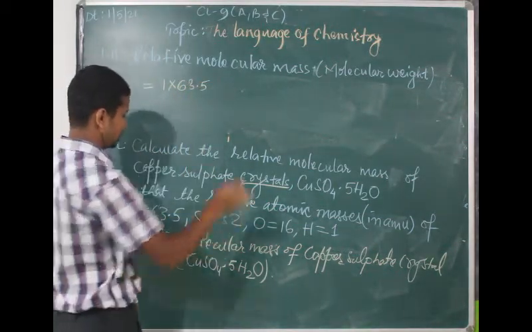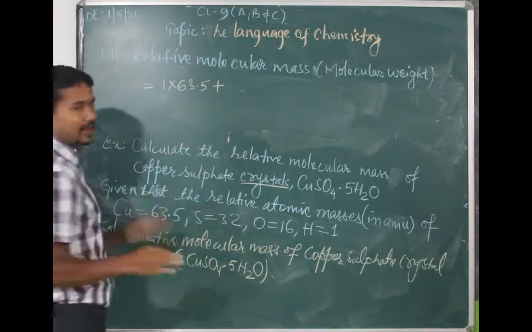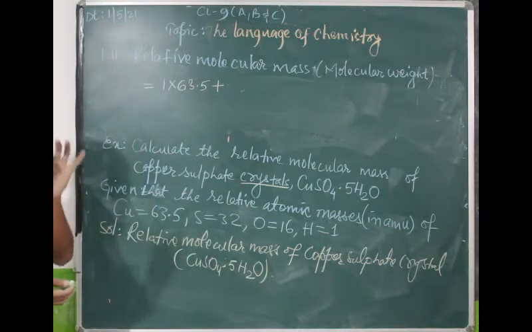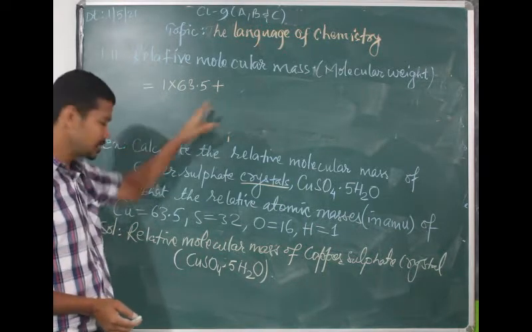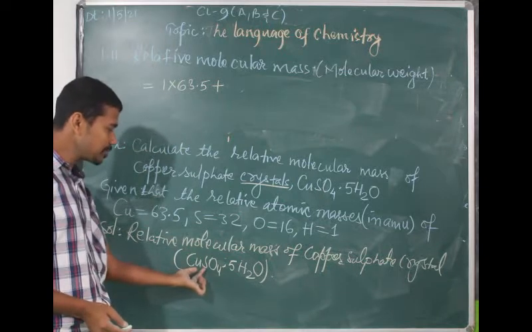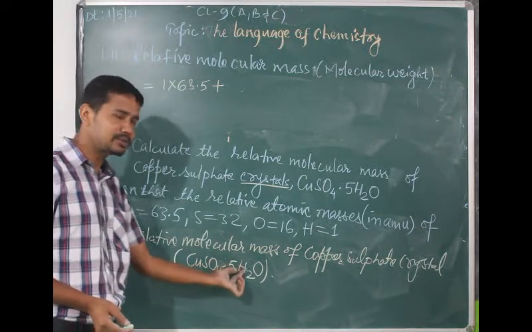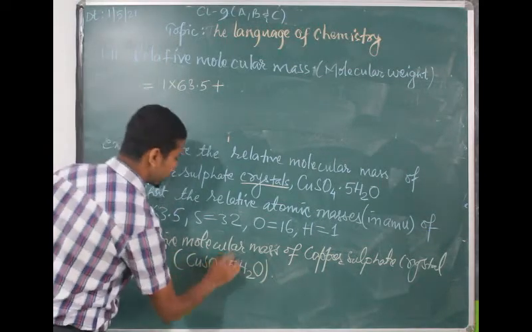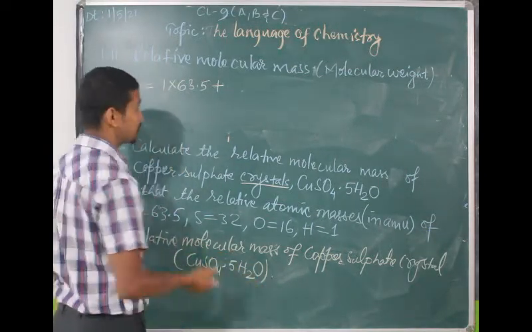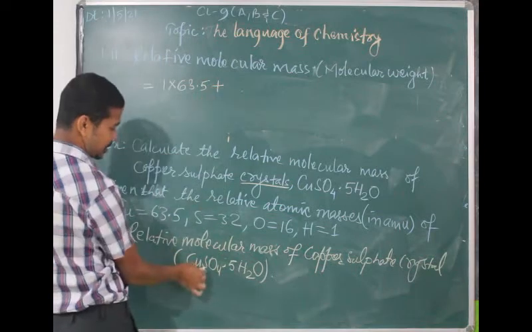63.5 plus. After writing the number of atoms into the atomic mass of that atom, you will write plus. Copper plus sulfur plus oxygen plus hydrogen plus oxygen. Or you can treat the water molecule as a whole. So, plus sulfur.